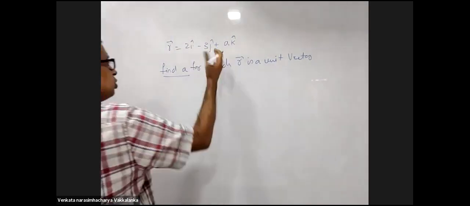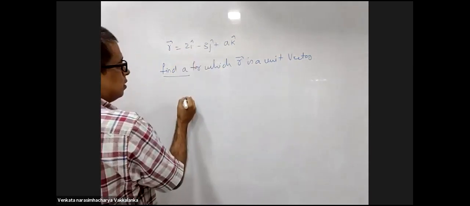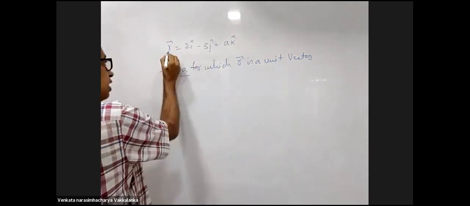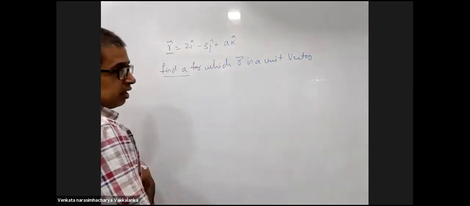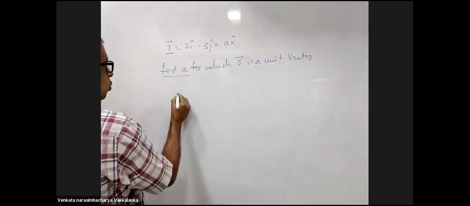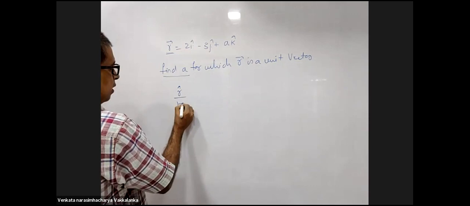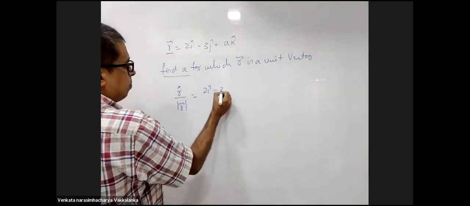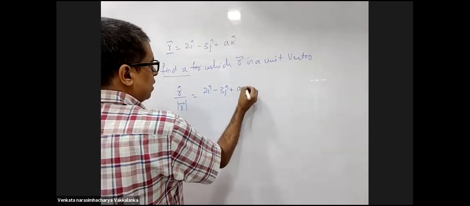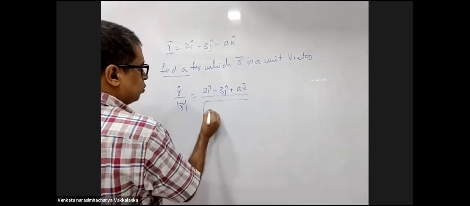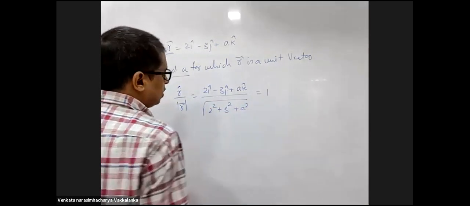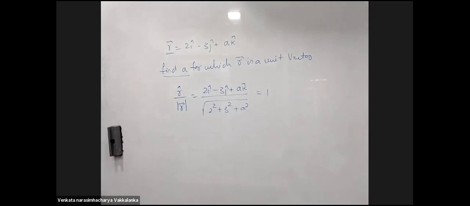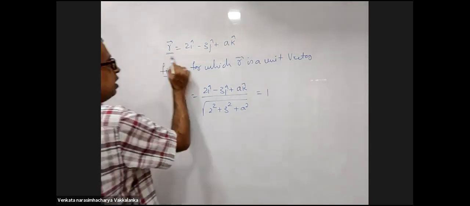That means its magnitude should become 1, in a net total along this direction. So what is the unit vector? 2i cap minus 3j cap plus a k cap divided by root over of 2 square plus 3 square plus a square. This should be equal to 1. This must be a unit vector.